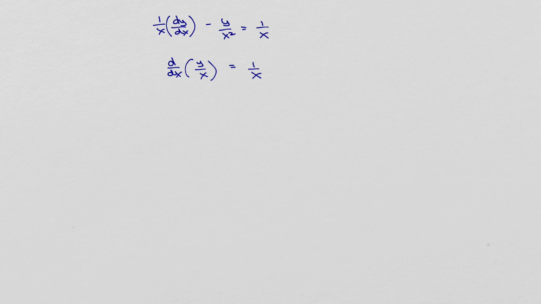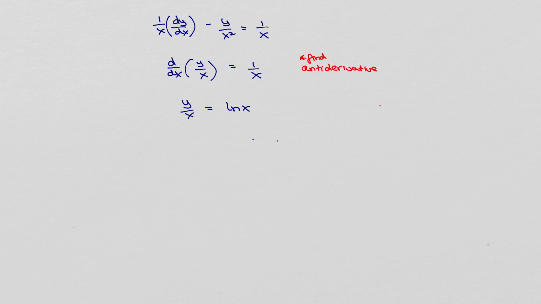So if we integrate both sides, in other words I multiply both sides across by dx, well, if we're looking at the derivative of y over x, the antiderivative would just be y over x. And the antiderivative of 1 over x is natural log of x.